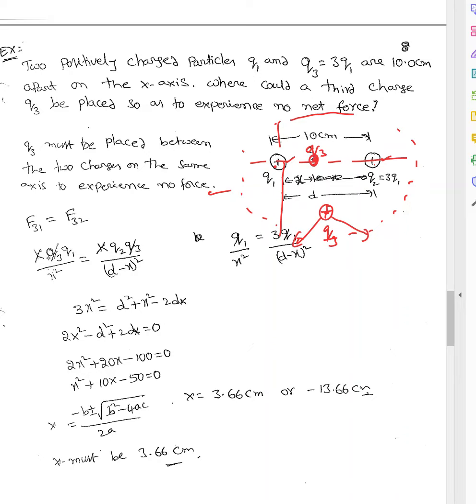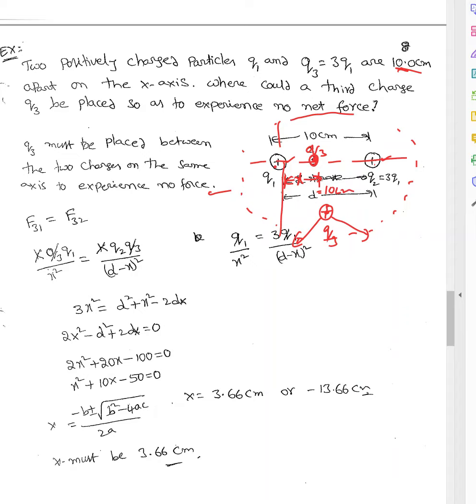So K times Q3 Q1 over X squared, where I take this distance as X, since I don't know the distance where we're going to keep it. I'm going to take the total distance as D, equal to K Q2 Q3 over D minus X squared. D is the total distance between those two, which is 10 centimeters. He gave us that value.